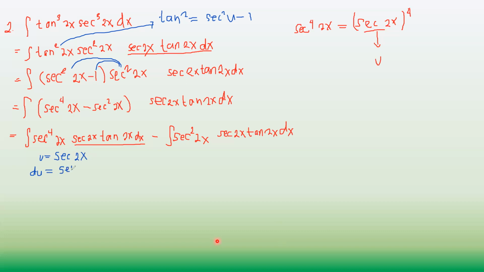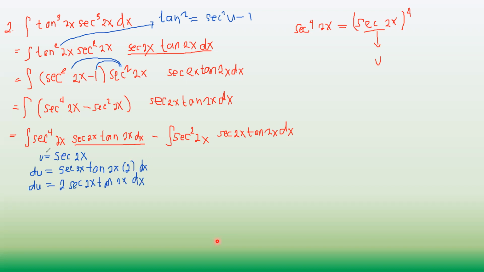Kaya meron kang secant 2x tangent 2x, then derivative pa ng 2x na 2 saka pa lang si dx. Or we will have du equals to 2 secant 2x tangent 2x dx. Okay, tayo sa given ha.